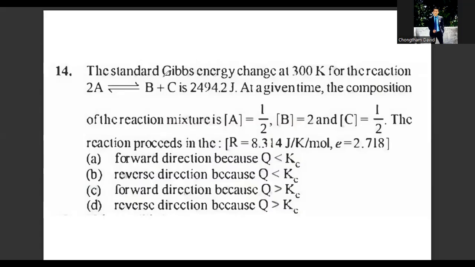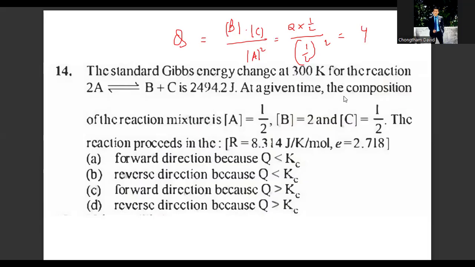So simply apply the value of reaction quotient Q. You have B and C divided by A square. So 2 into 1 by 2 divided by 1 by 2 square will be 4. So this is the value of reaction quotient you have so far.